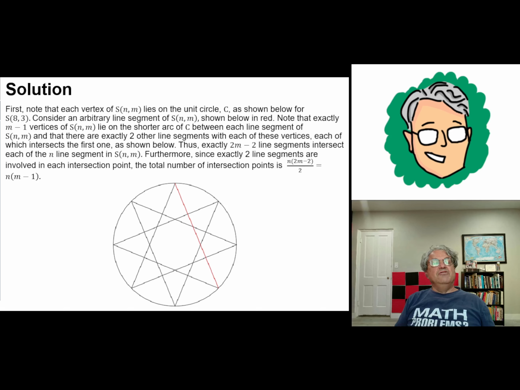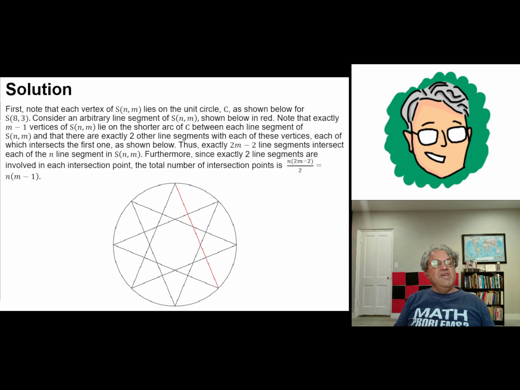So there's going to be a total of 4 intersection points along this line segment. In general, there's going to be a total of 2m minus 2, because there's m minus 1 vertices between the 2 vertices making up the ends of the line segment, and for each of those vertices, there are 2 line segments coming out. So there's a total of 2 times m minus 1, or if you like, 2m minus 2.